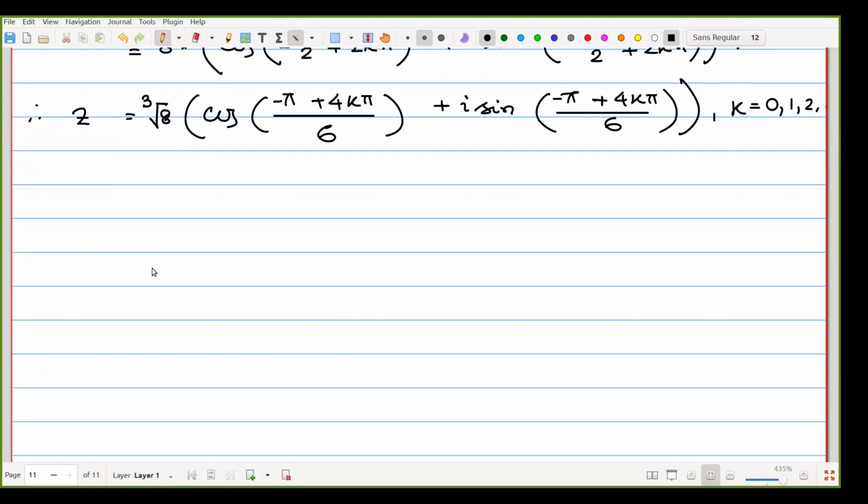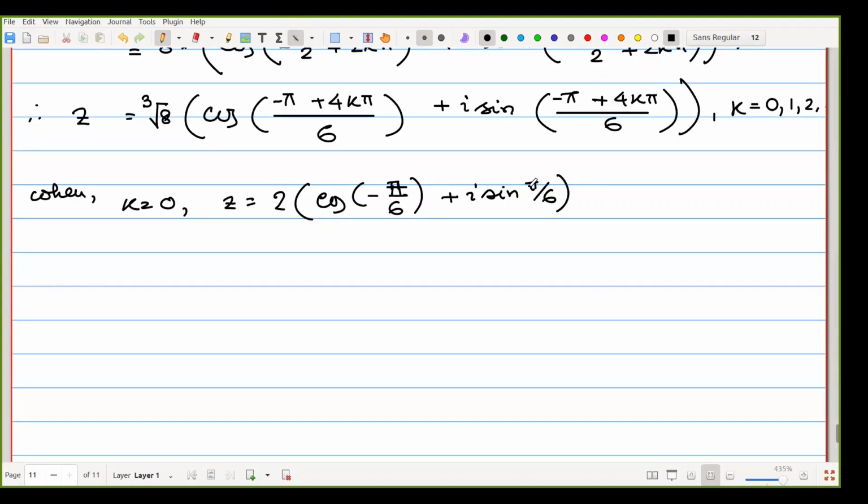So put in the values. When we have k equal to 0, z is equal to, just put the value of k as 0, cube root of 8 is equal to 2. So 2 of cos of minus pi by 6 plus i of sine of minus pi by 6.